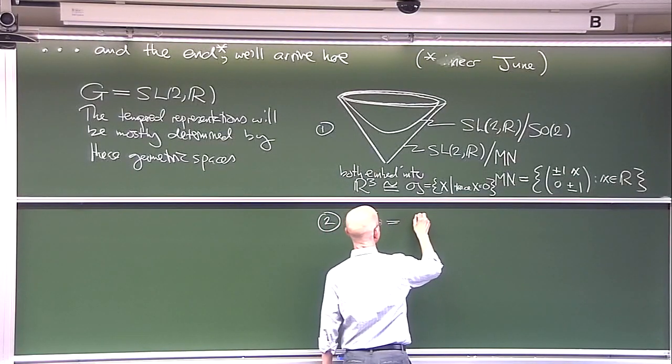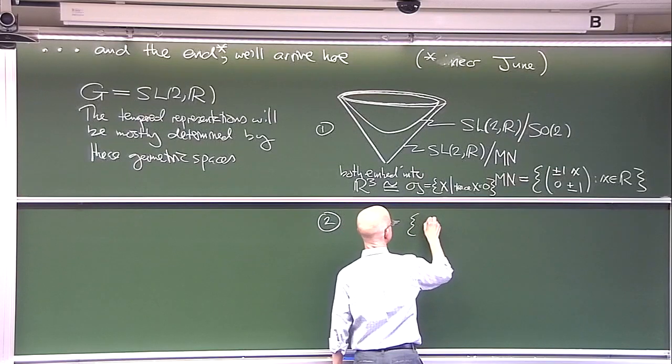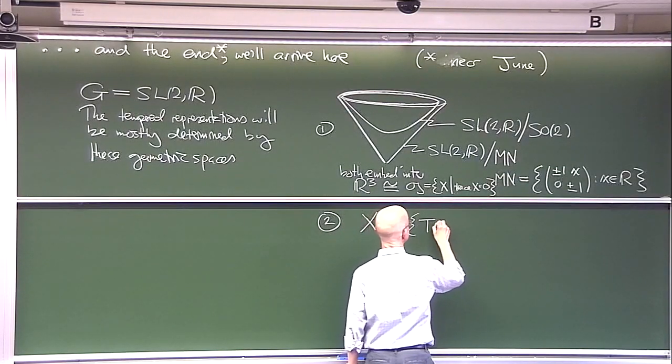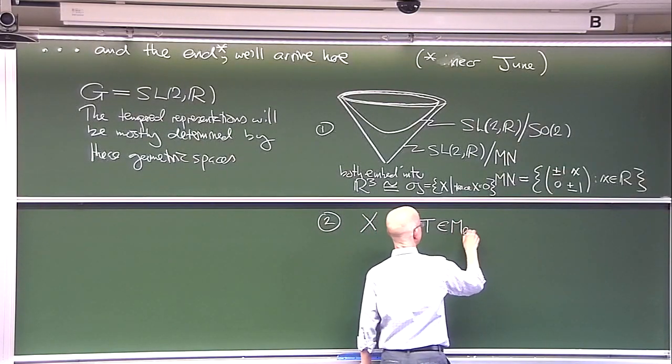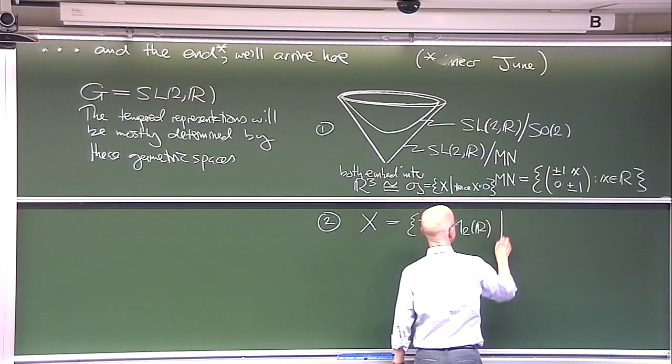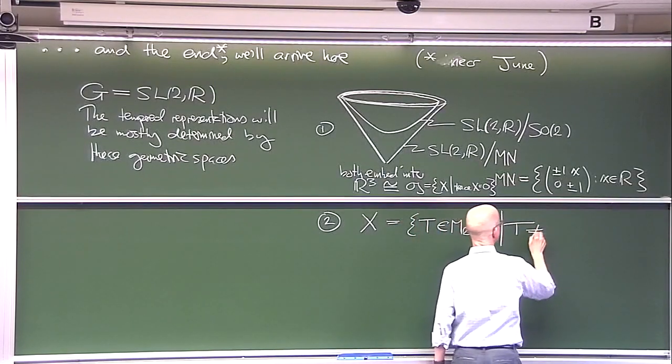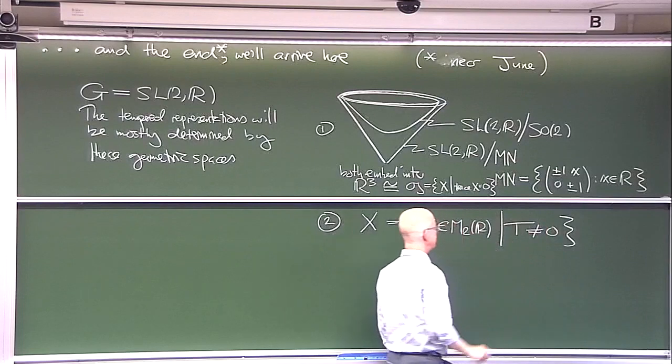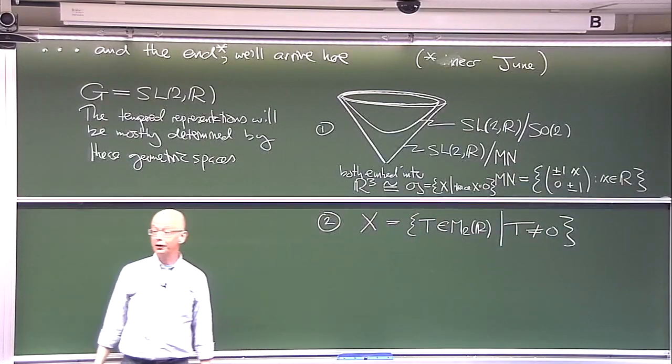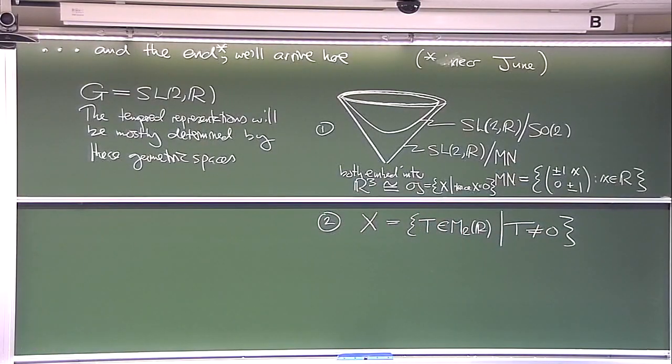And this big space will just be the set of all matrices, it's called T, which are 2 by 2 real matrices. And there's only one condition, which is the matrix is not 0. So it's all the non-zero matrices, not invertible, not 0 matrices.